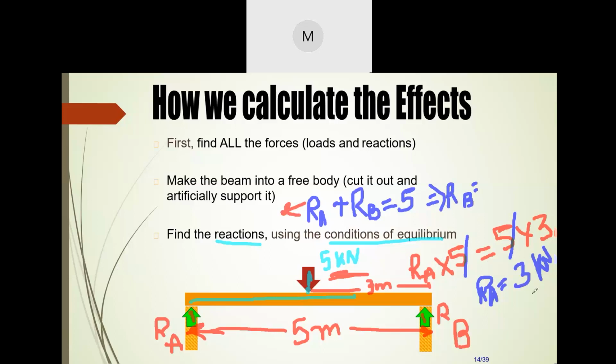RA is 3, so RB equals 5 minus 3, equal to 2 kilonewton. That's it. I hope it is clear for all of you.